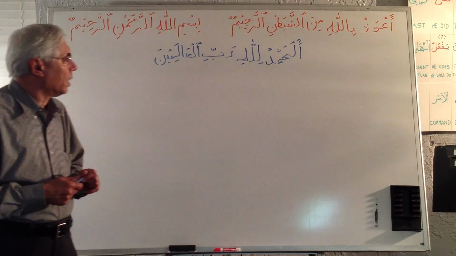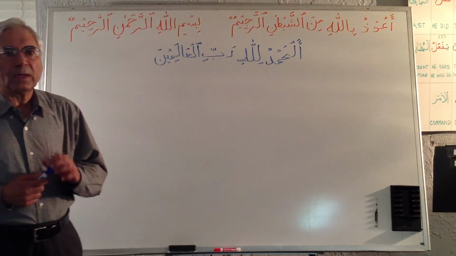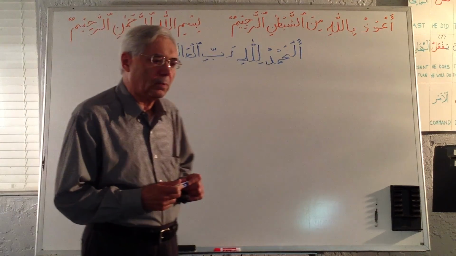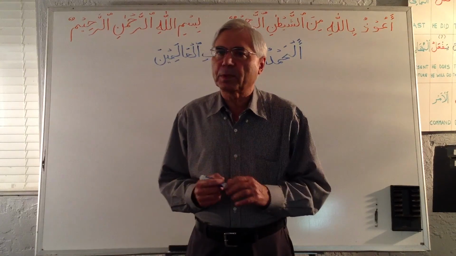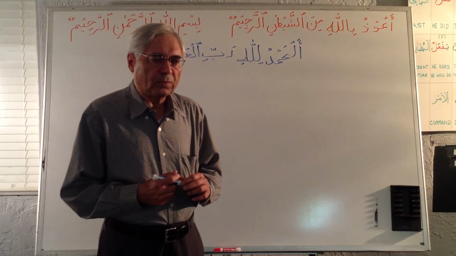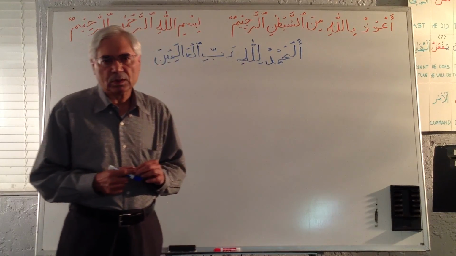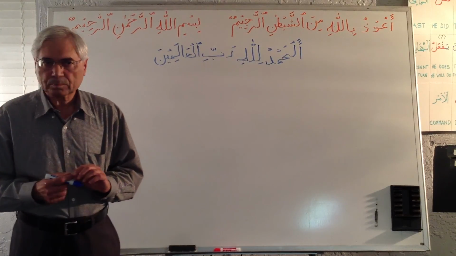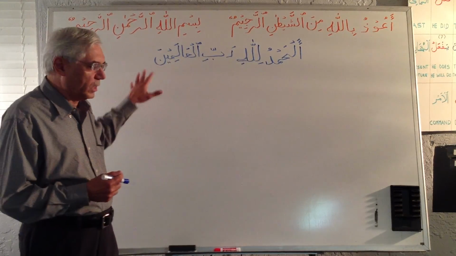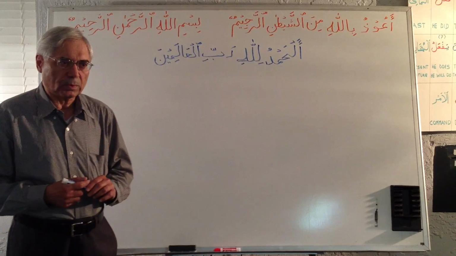So the two very fundamental things that we need to know is that 99% of the Quranic Arabic words start with three root letters. And we will see the formation of those.